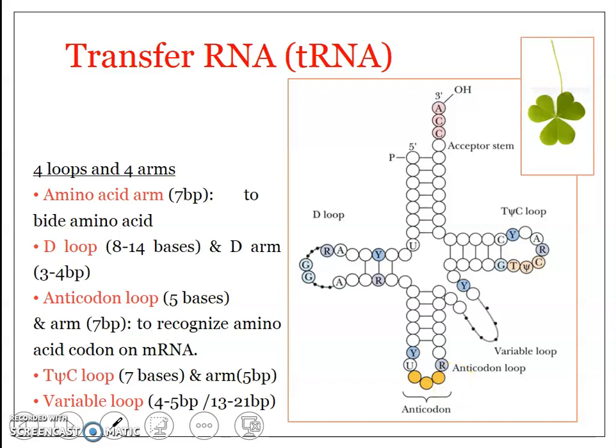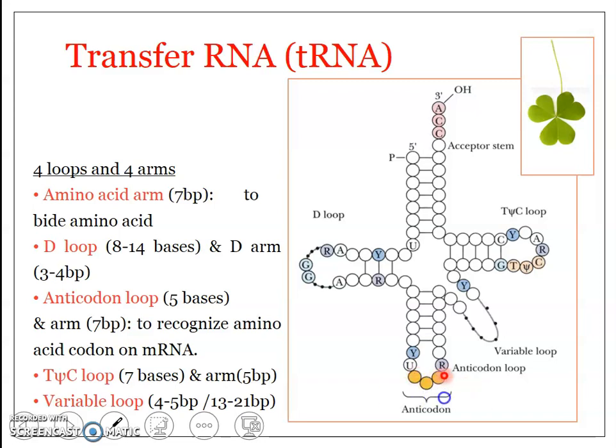During the translation process, the anticodon on the anticodon loop recognizes the corresponding complementary codon on the mRNA and binds to it with hydrogen bonding. So via hydrogen bonding, the sequence on the anticodon binds with the genetic code on the mRNA. So the anticodon loop is also referred to as the mRNA recognition site.